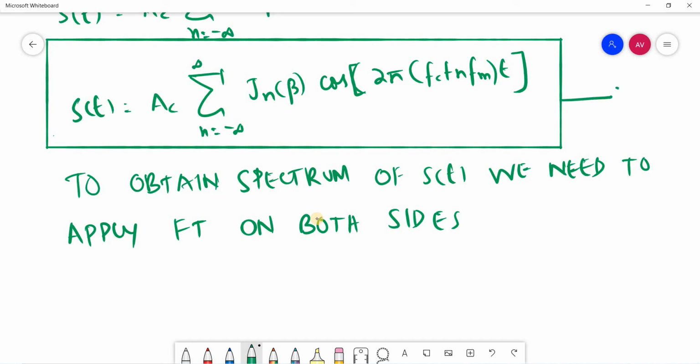I'll name this as equation number 3. If you apply Fourier transform on both sides, S of t will become capital S of f.